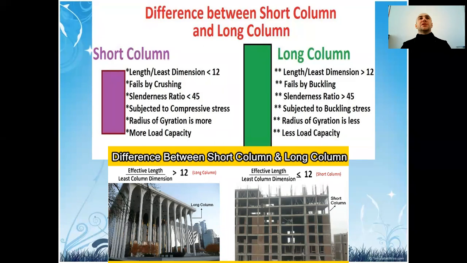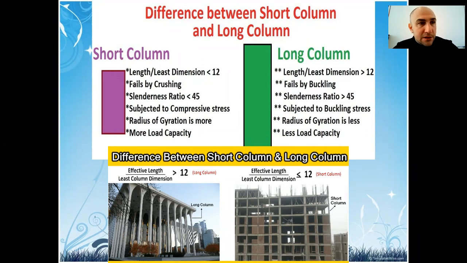The long column is weaker than the short and usually not preferred in civil engineering, so in civil buildings, public buildings, and so on. Just only in that case when there cannot be found any other solutions.